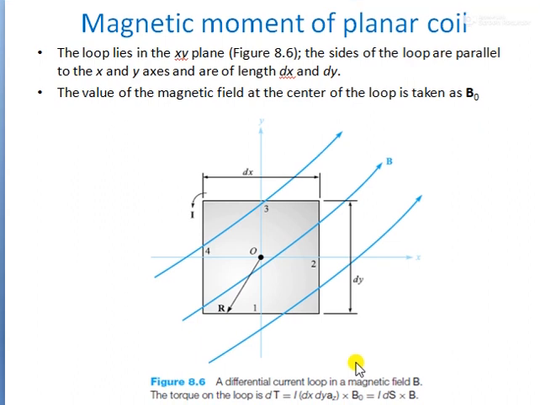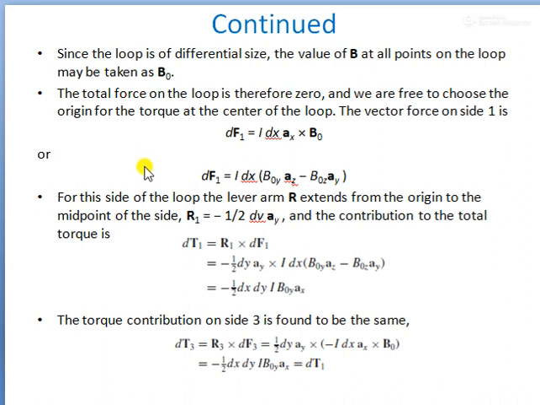Next we see that since the loop is of differential size, the value of B at all the points on the loop may be taken as B0. Now the total force on this loop is 0, as I have already told, and we are free to choose the origin for the torque at the center of the loop.